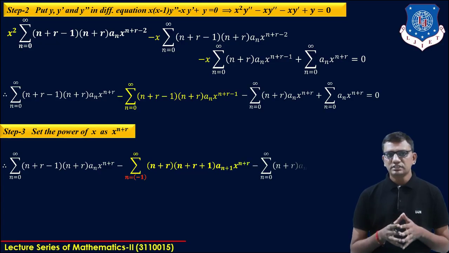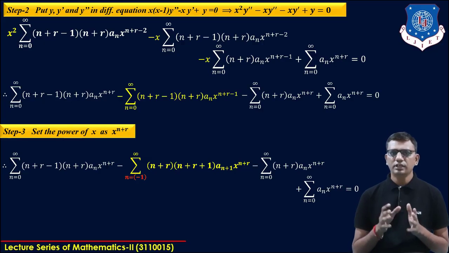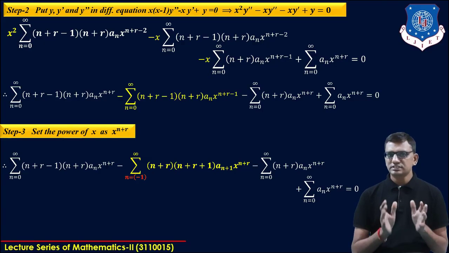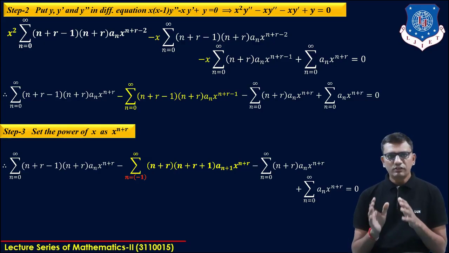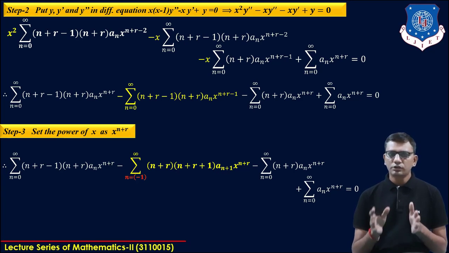Here in the second summation, after replacing n by n+1, we have the summation n = -1 to infinity (n+r)(n+r+1) a_(n+1) x^(n+r), and the other summations are as they are. Now, by putting the minimum value of n, we can get the indicial equation for the differential equation and then find the indicial roots. According to that, we can find the further solutions.